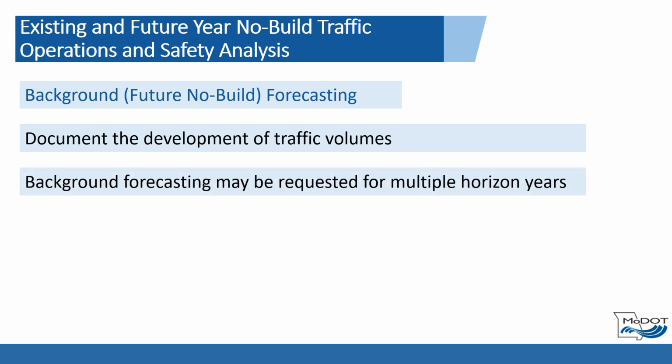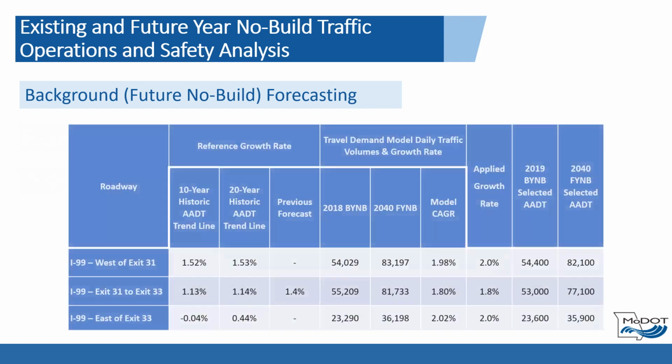In some cases, background forecasting may be requested for multiple horizon years. This section should include a description of how these traffic projections were generated and cite any traffic forecast used as references. An example table like the one displayed can be used to communicate forecasted no-build traffic volumes.